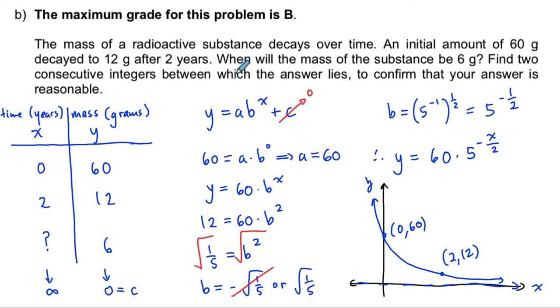Okay, then we go on and we answer the question, when? Solve for x when y equals 6. So I've asked you to write that sentence out. Solve for x when, or such that, y is equal to 6. And we substitute into our model, which I will just rewrite here.